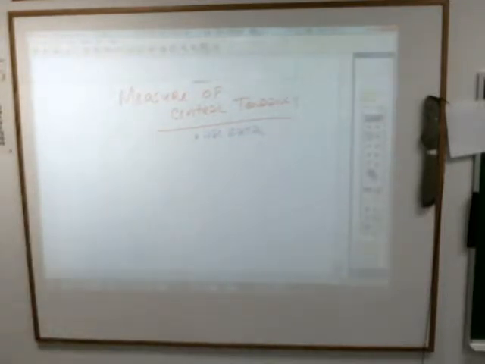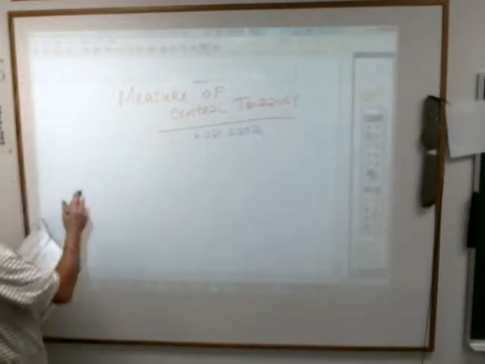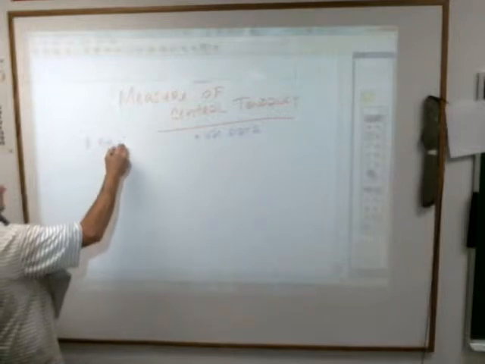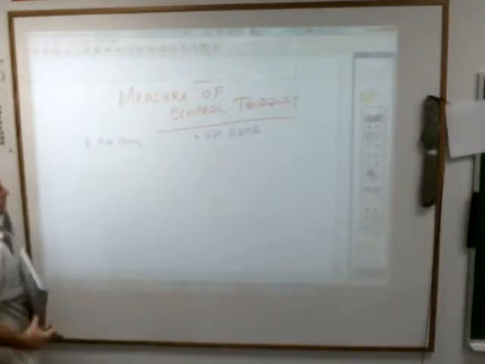And usually the data you're given is in raw form. For example, if you look in your book, which you don't have to because I'll write it down here, these are the prices for homes, in thousands of dollars.